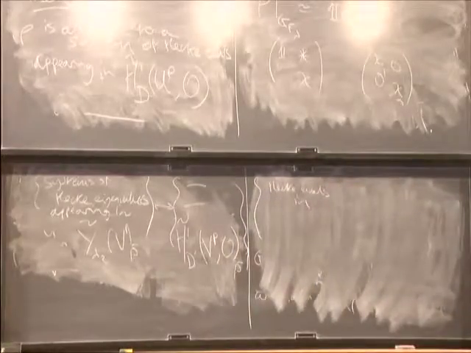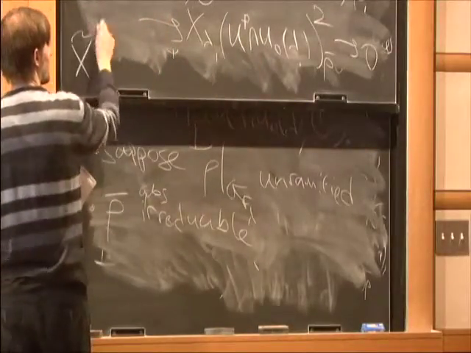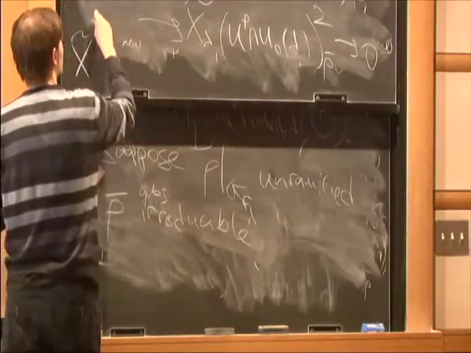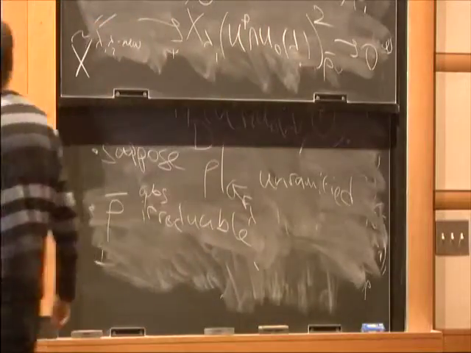well, call the kernel of this map X tilde lambda 1 lambda 2 mu. So yeah, that's just the kernel of this map here.